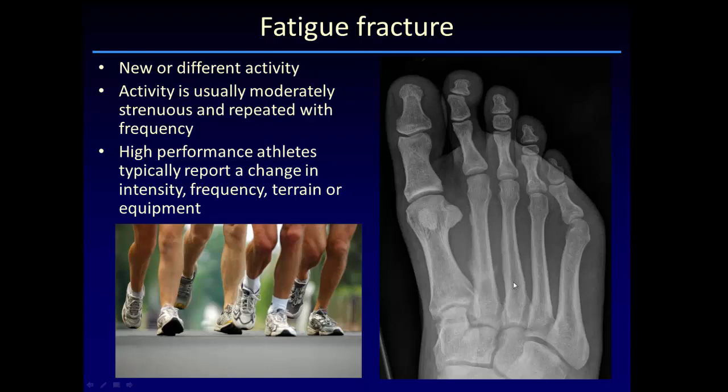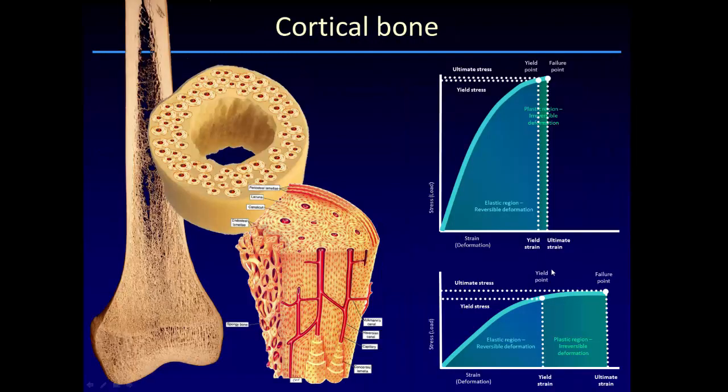Now, fatigue fractures, unlike the insufficiency fractures that I showed you earlier, start in cortical bone. And because of that, periostitis tends to be an early feature, which is helpful for us as radiologists. Now, cortical bone and cancellous bone show quite different properties.